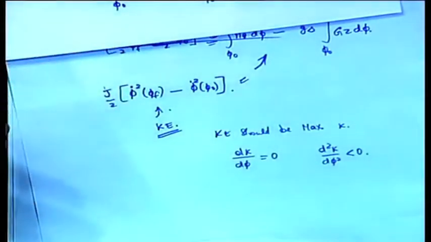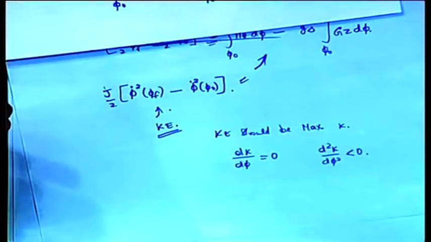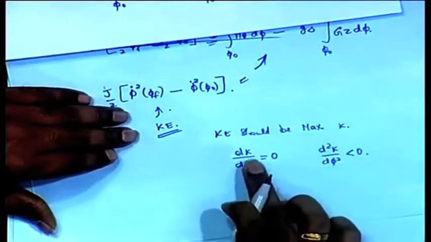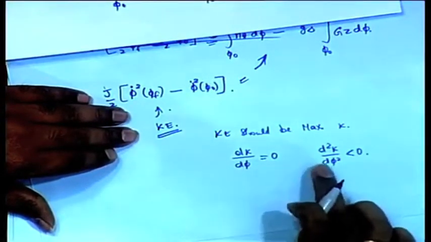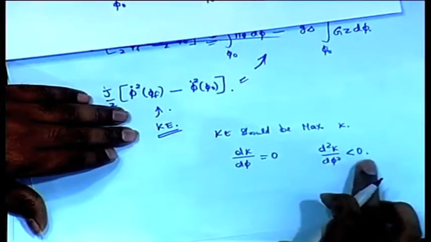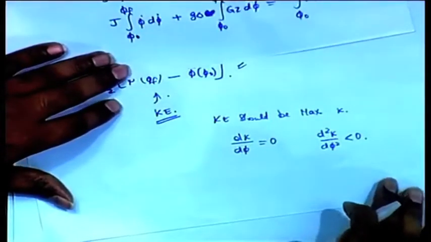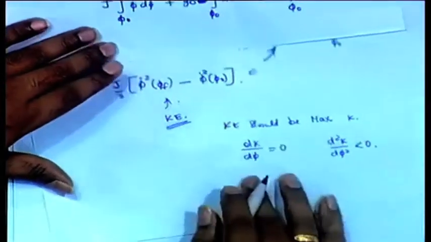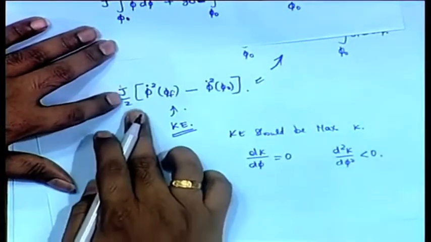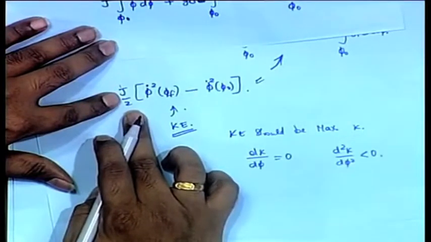At what phi is K maximum, that is what we are trying to find. Therefore dK by d phi should be 0 and d square K by d phi square should be less than 0. So this represents K.